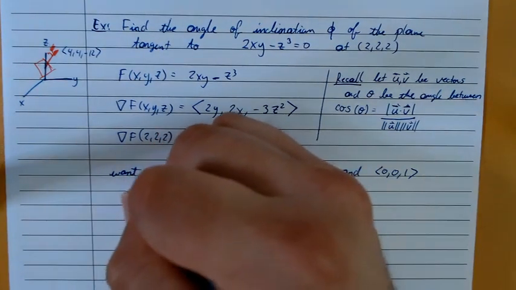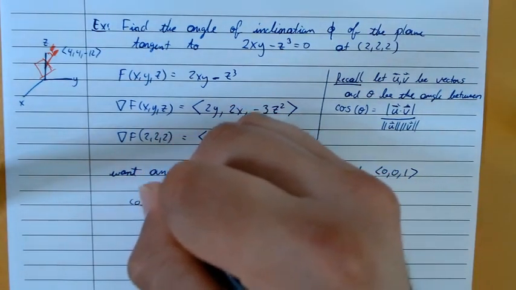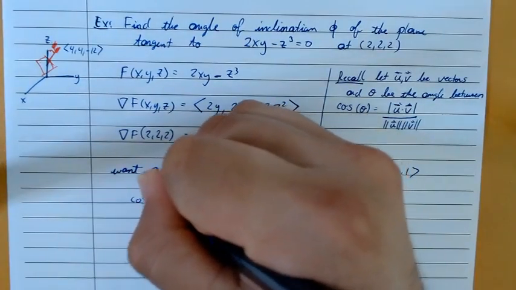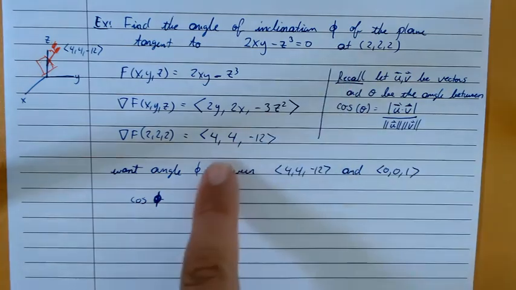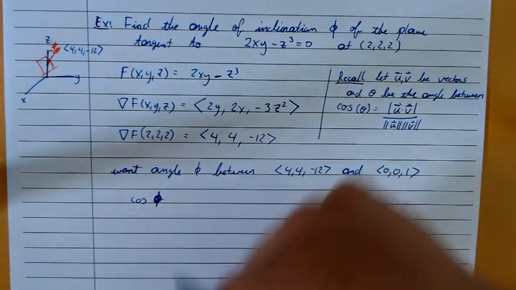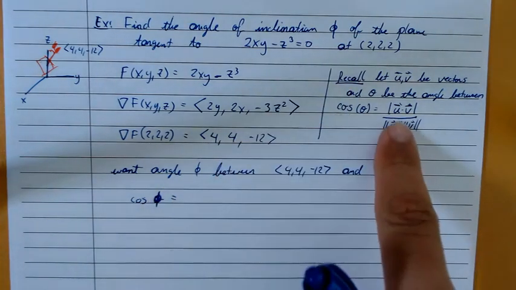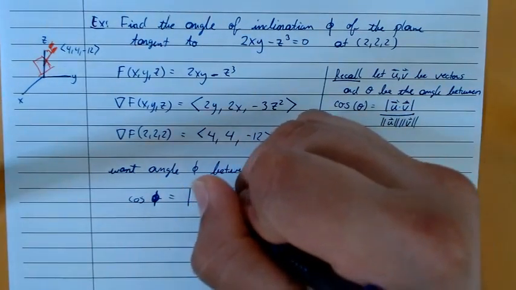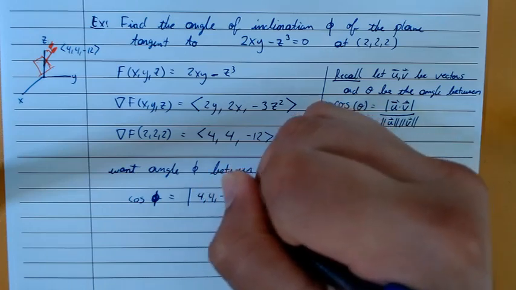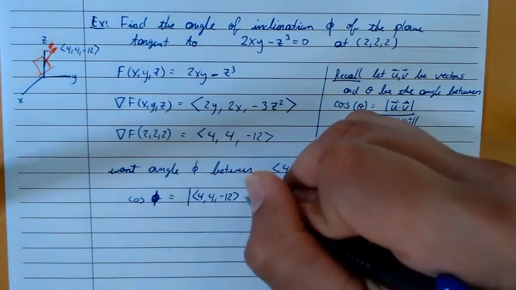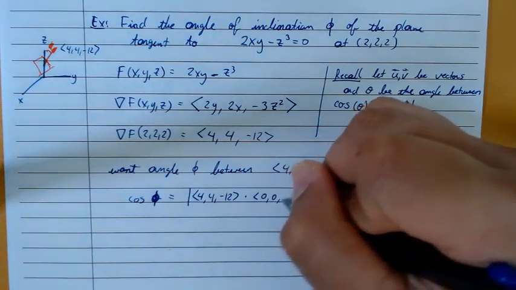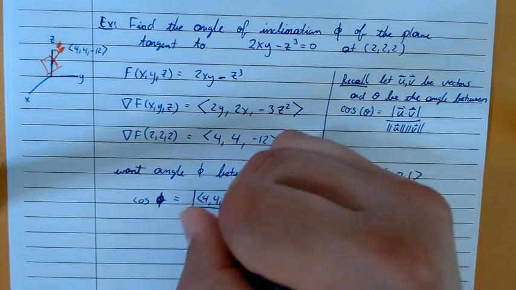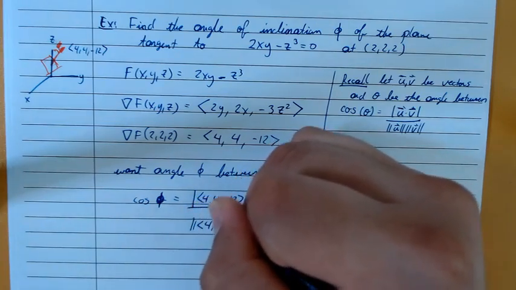So then I know the cosine of, I probably should have just written that as phi from the beginning because now I keep getting confused. There we go. The cosine of phi, because that's what I defined as phi there, is equal to the absolute value of their dot products divided by the product of their magnitudes.